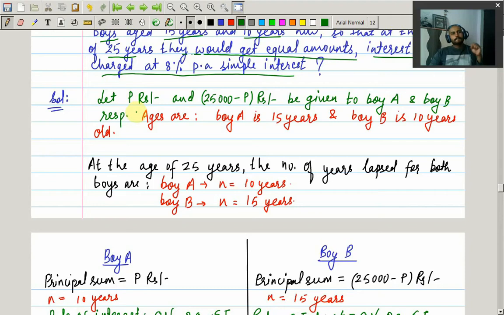Let p rupees and the remaining 25,000 minus p rupees be given to boy A and boy B respectively. So boy A, who is 15 years old, is given p rupees out of 25,000 and the remaining 25,000 minus p is given to the second boy, boy B, who is 10 years old.